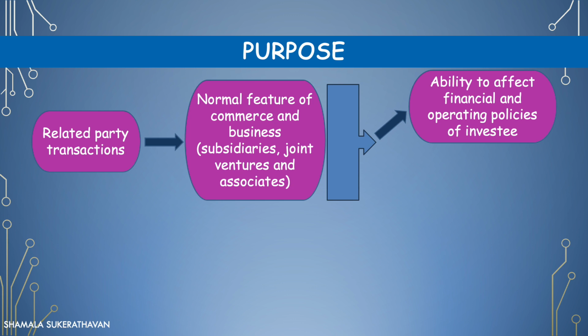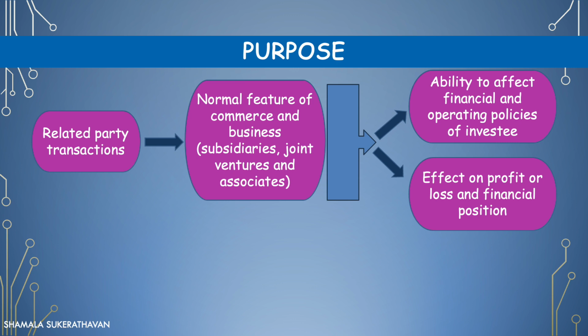Related parties may enter into transactions that unrelated parties would not. For example, a subsidiary selling goods to its parent at cost, which is unlikely to be the terms for another customer that is an unrelated party. This means related party relationships could have an effect on the profit or loss and financial position of an entity.